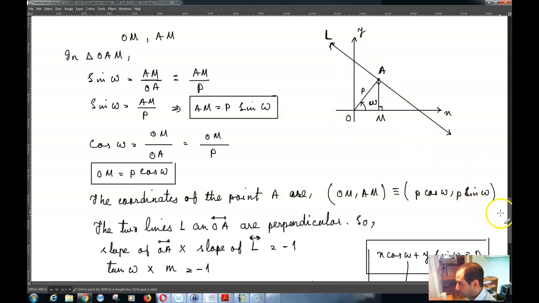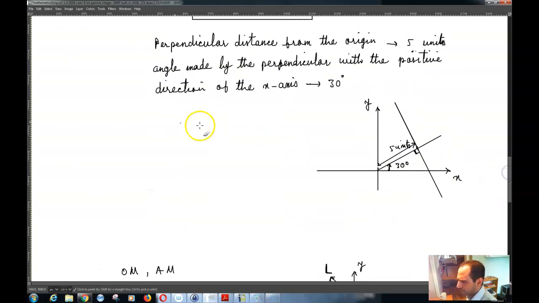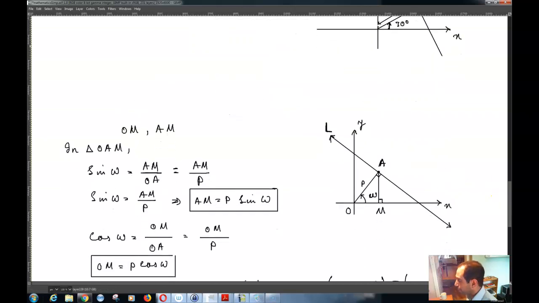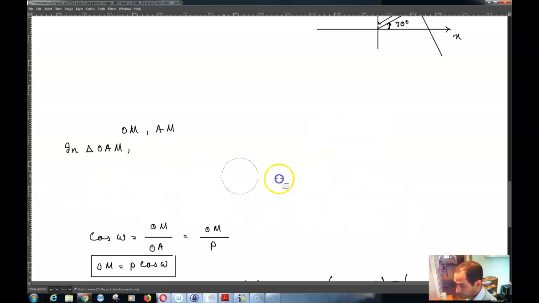So x times cos omega plus y times sine omega is equal to p. That's the formula that we can use here in order to find the equation of this line.